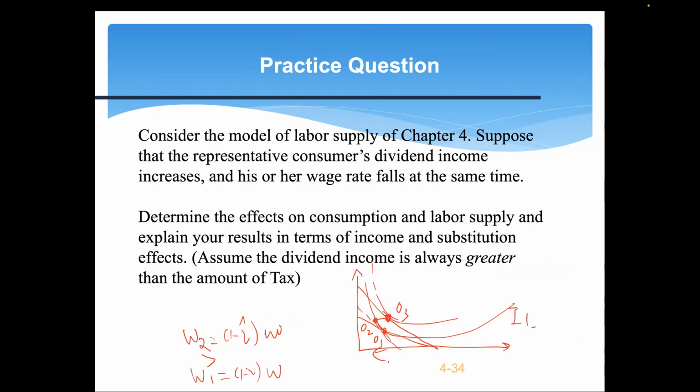Right? Now we look at another practice question. So here, just consider the same model as we discussed in the previous lecture. Suppose consumer dividend income increases and the wage falls at the same time. How would that affect the consumer? Okay.